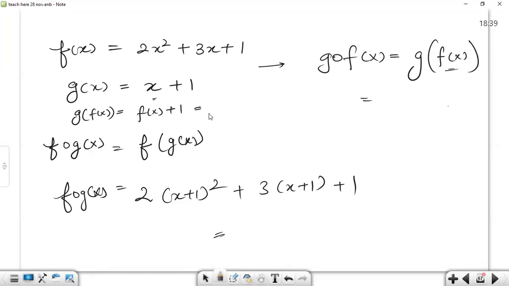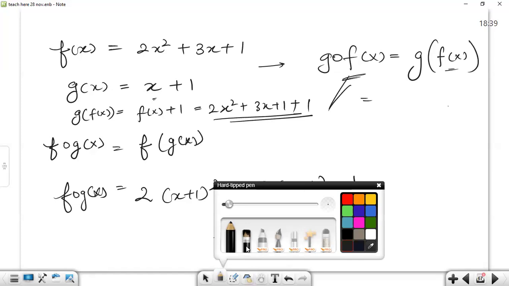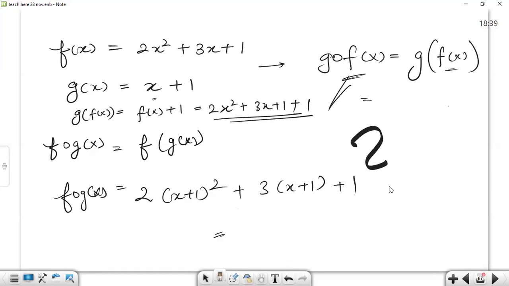What is f of x? 2x square plus 3x plus 1, and plus 1. So this is our g of f of x. Clear? Yes, sir. Okay.